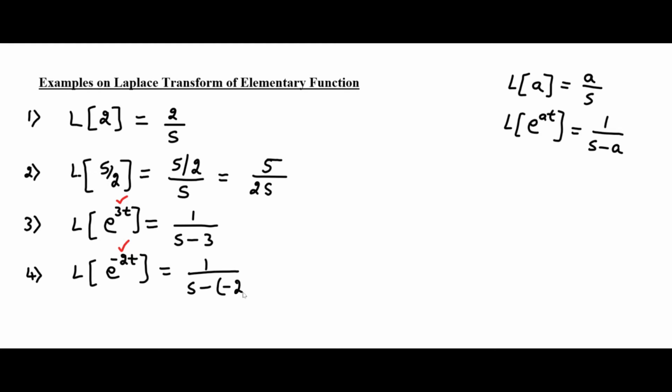If I replace that by minus 2, you will be getting 1 by s minus of minus, which becomes plus, s plus 2. If you want to do this problem directly, whenever you have a positive value over here, you will be getting negative over here, and whenever you have a negative value over here, you will be getting positive. This is the technique to write down the values directly.